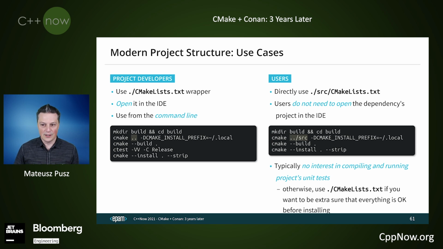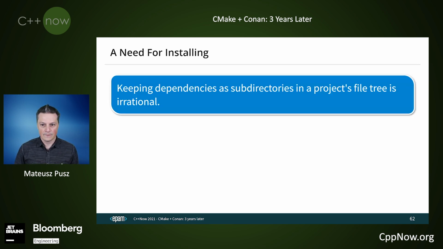And while talking about installing, I would say that keeping dependencies as subdirectories in a project file is irrational. And I mean here both sources in this SRC with, I don't know, git submodules or maybe copy-paste, external directory or whatever, as well as downloading this with fetch content or add external project during the configuration phase or build phase and stored in the binary tree of your project.